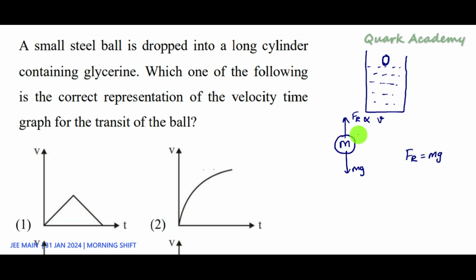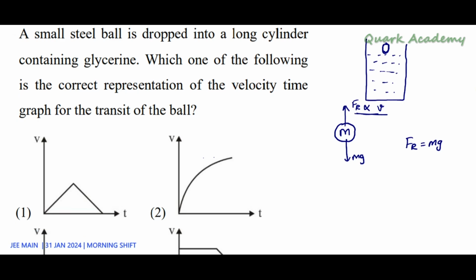So the net force on the object becomes zero, and after that the ball is going to move with a constant velocity, which is known as terminal velocity. That's the idea behind this. We can also solve this problem using a differential equation, since the resistive force is directly proportional to velocity, but let's not do it that way.